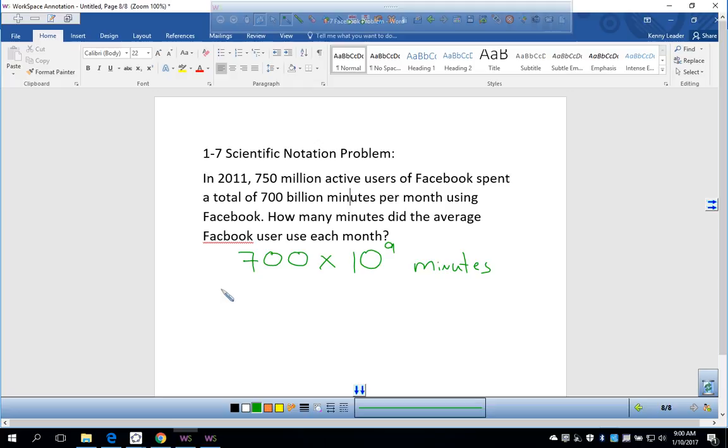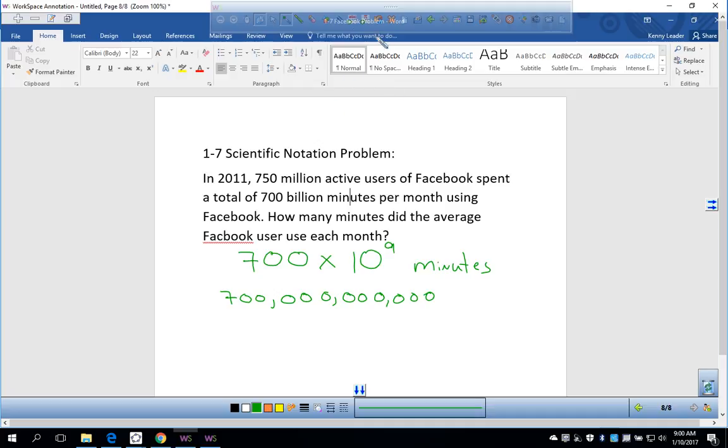So 700 billion, if I wrote it out, would look like 700 followed by nine zeros, right? You still need to have the decimal, so it'd be 7 times 10 to the 11. Yeah, you could write that 7 times 10. It doesn't matter, okay?